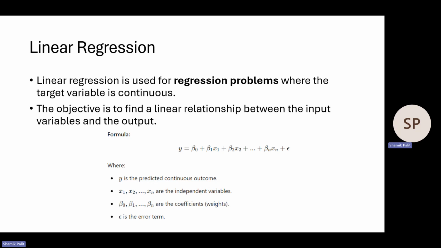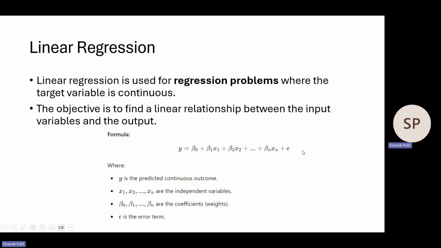We have the independent variables, x1, x2, xn, and beta 0, beta 1, beta 2 are different coefficients, also known as weights. And epsilon is the error term.